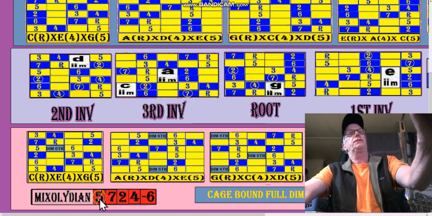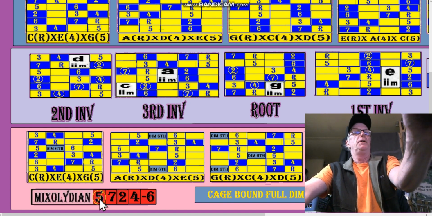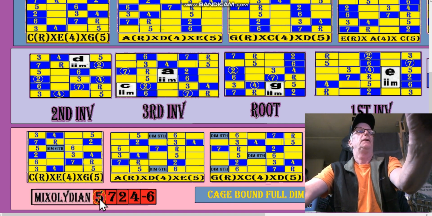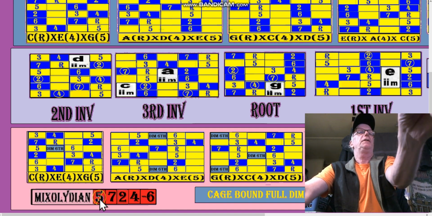Remember, the 7th of the Mixolydian 7th is the 5th of the half diminished.